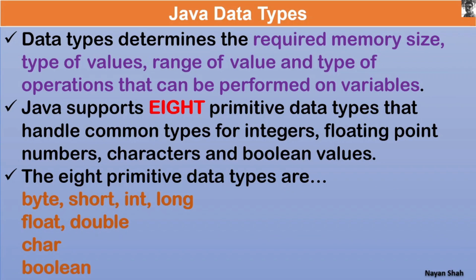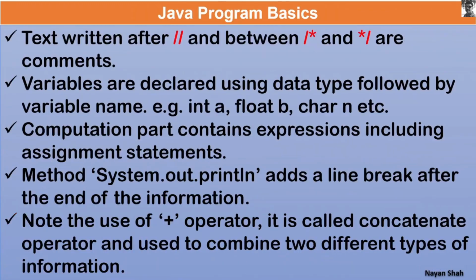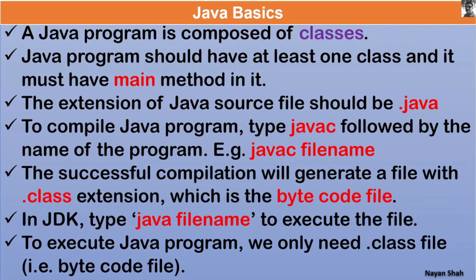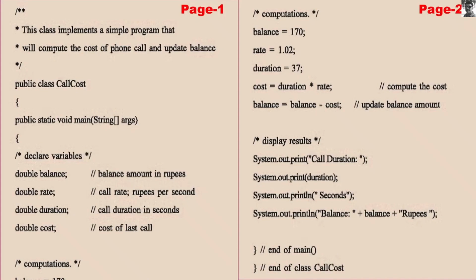Now in the next lecture we will discuss Java data types. Till then, take care and go through all this. The basics of Java are very interesting and very important for you to understand. Remember, the program you see here is not quite a proper program, because so many things we have not studied.